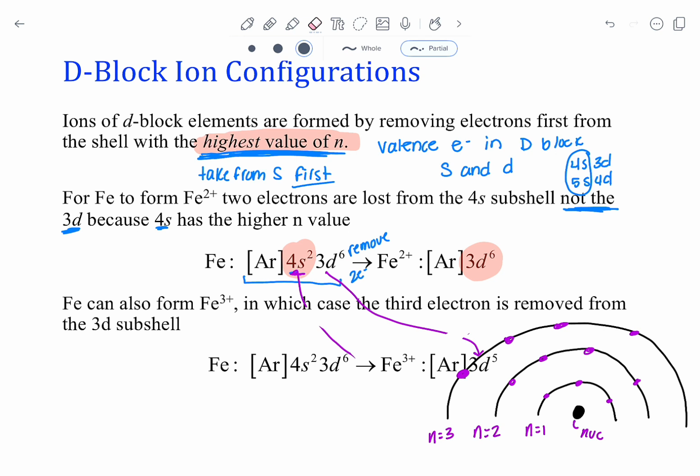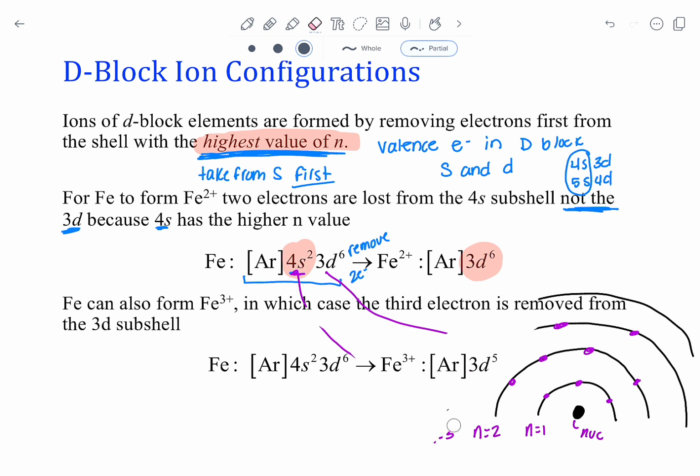So you just have to remember highest n first, and then we go from there. Because these are shells, the highest n is our outermost shell. So we have to take from that shell first.